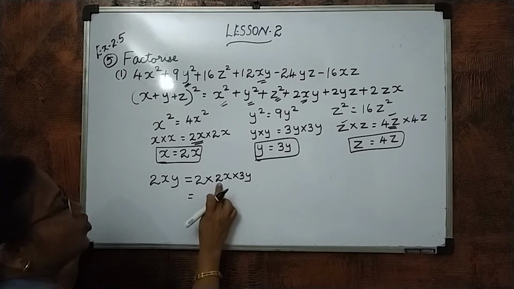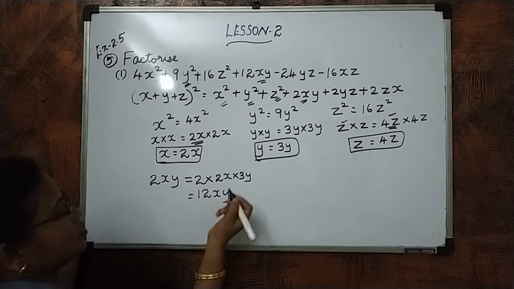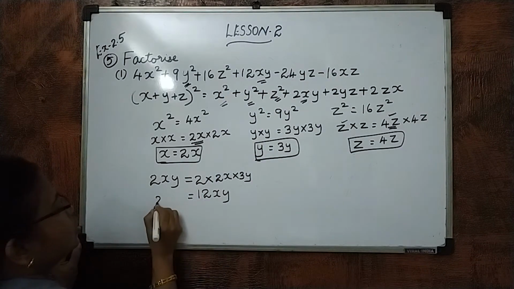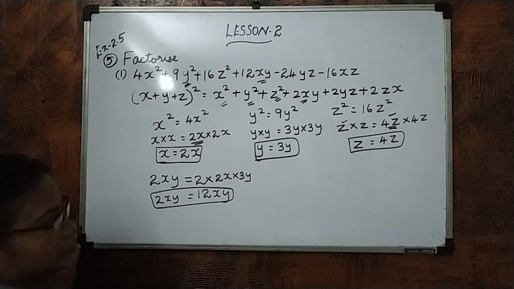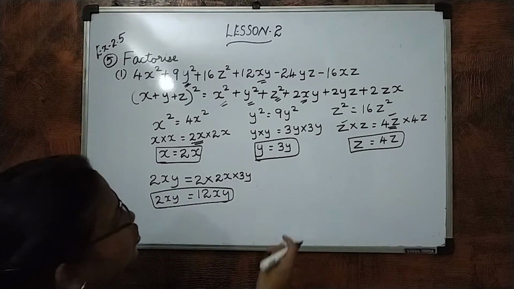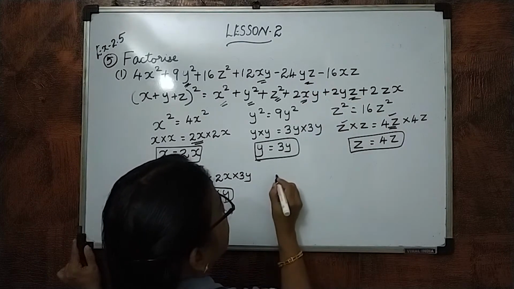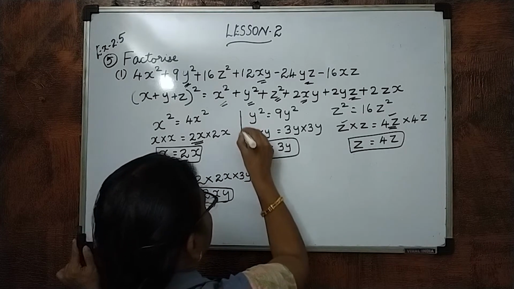Now 2 into 2 is 4, 4 into 3 is 12xy. Got this answer, right? So 2xy is equal to 12xy. Then find out the next one, 2yz. We got it as 24yz. So here we will find out.